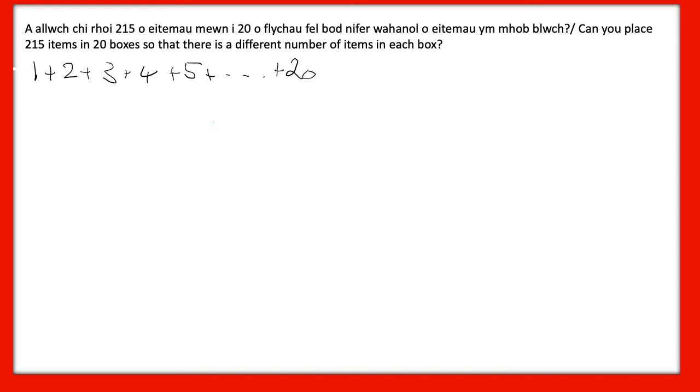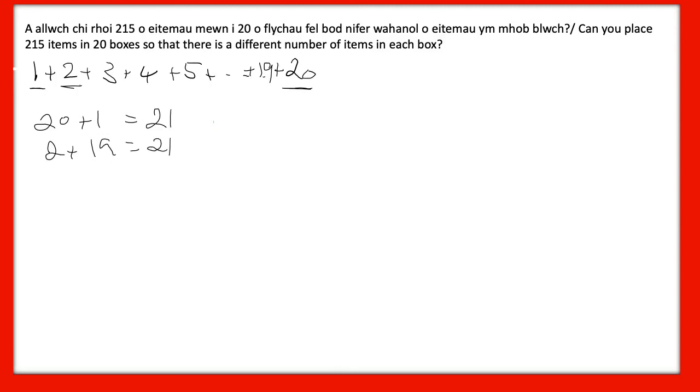If you take the first number in your system and your last number, then 20 plus 1 gives us 21. If you take the second number and the second to last, which was 19, 2 plus 19 also gives me 21.